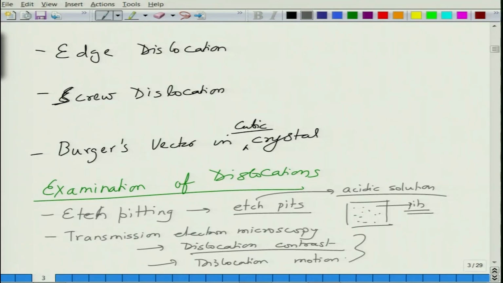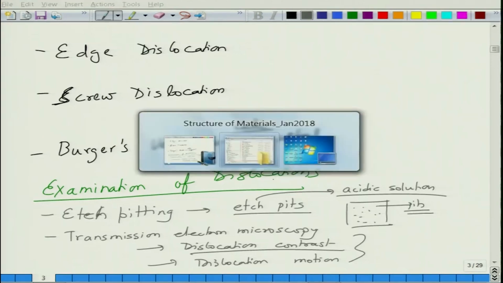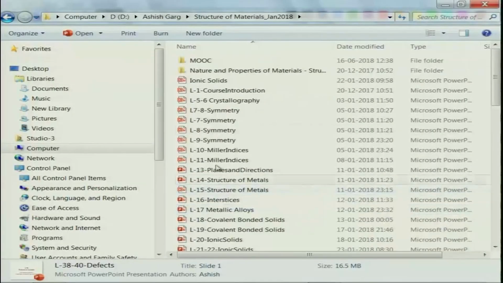These are very specialized topics, and I am not going to go into the details, but basically this is how they are going to move. Now, having known this about dislocations, the next question is, how do you translate this information about dislocation motion into slip phenomena? For that, I am again going to take the help of another PPT to illustrate the principle.